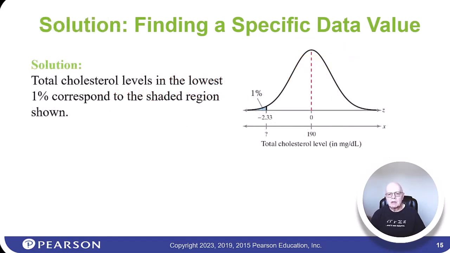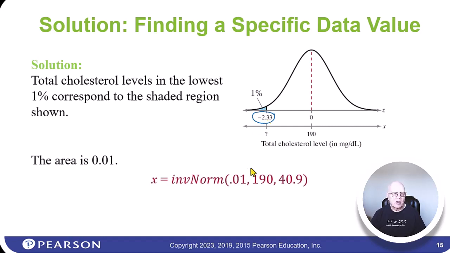There's our picture, a little bit better. If you were using tables, you probably would want this Z-score. And you could use inverse normal with that Z-score, but we don't need to. The area is 0.01, and there's our inverse normal, there's the area, there's the mean, there's the standard deviation.